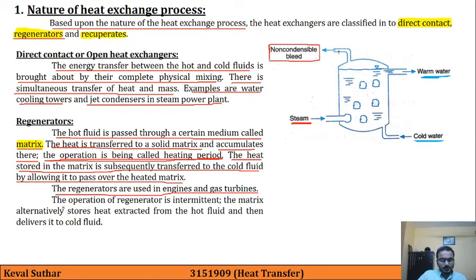The operation of regenerator is intermittent. That is, first it is being heated, then it is cooled. So the matrix alternatively stores heat extracted from the hot fluid and then delivers it to a cold fluid.